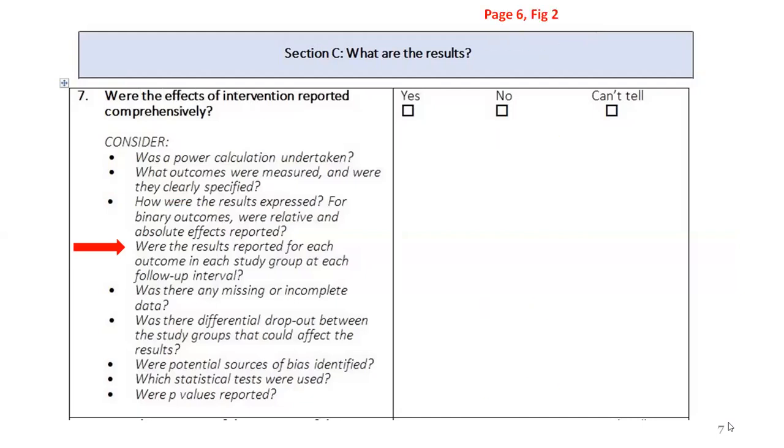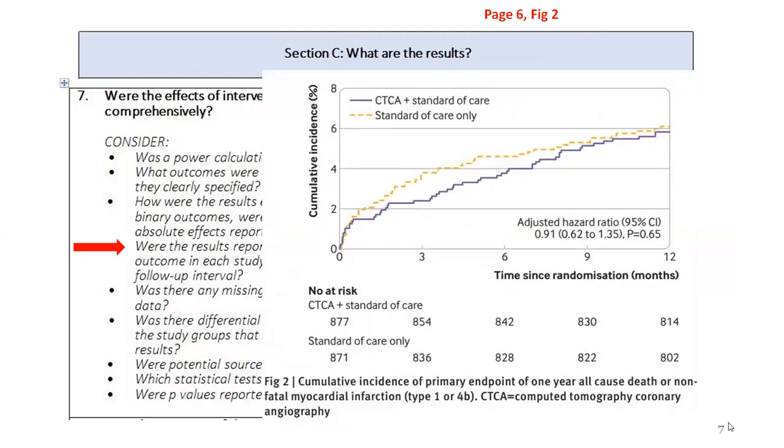Next is, where the results... sorry, it is repeated, sorry. Were the results reported for each outcome in each study group at each follow-up interval? If you go to page number 6, figure 2, you will see this. Here the blue line is for CT coronary angiography with standard care, and the yellow dotted line is for standard care only.